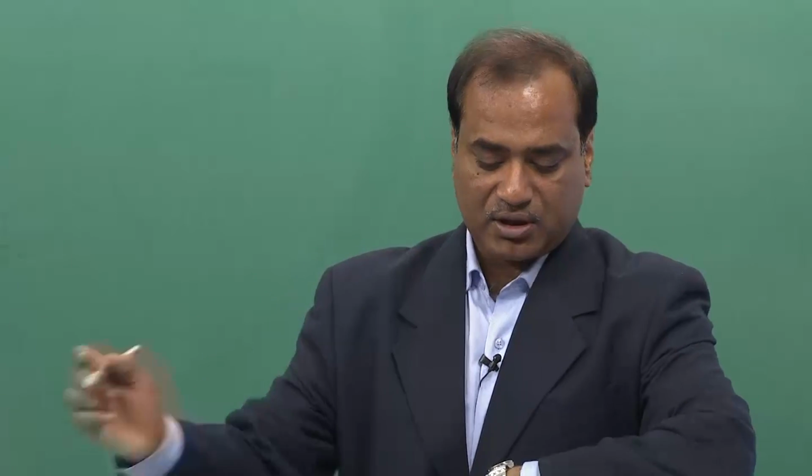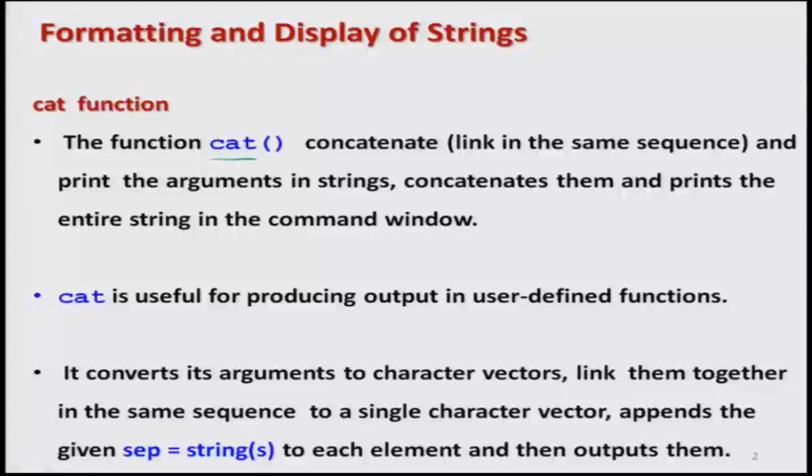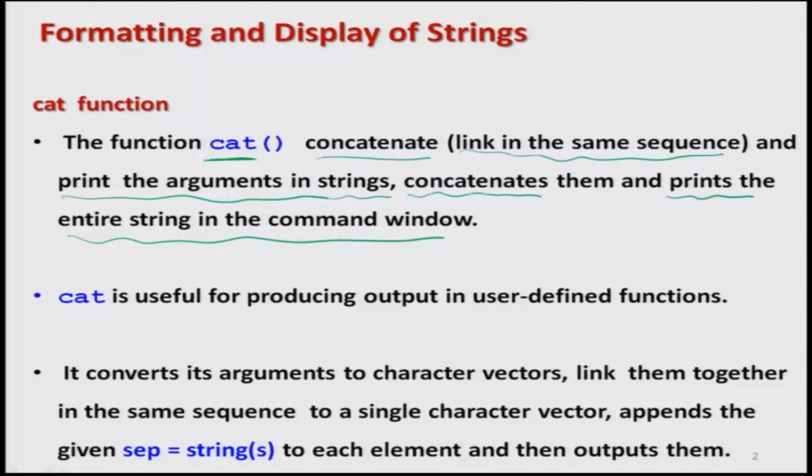So we have a function which we call the cat function, CAT, and this function concatenates, that is, it links the outcome in the same sequence in which we are trying to give it, and prints the arguments, whatever they are, the strings, and then prints the entire string in the command window.